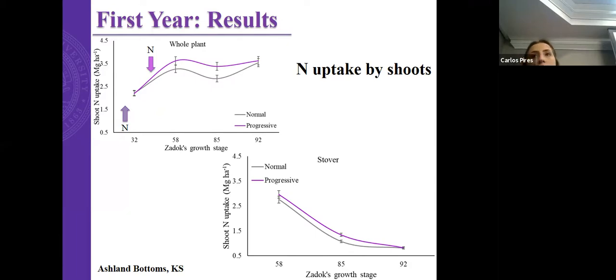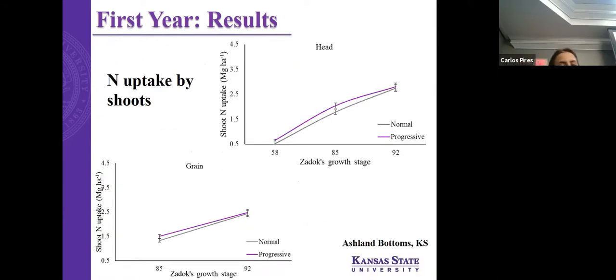And we believe that's one of the reasons that actually provide more nitrogen for producing protein in the grain and the yield. And then we can also see in the stover, again, they kind of follow the same trend, but for the progressive treatment, the nitrogen absorption was higher. And now in uptake in the head and in the grain, we can see that, again, progressive and normal both follow the same trend, but always the progressive treatment has a little bit higher absorption than the normal one.